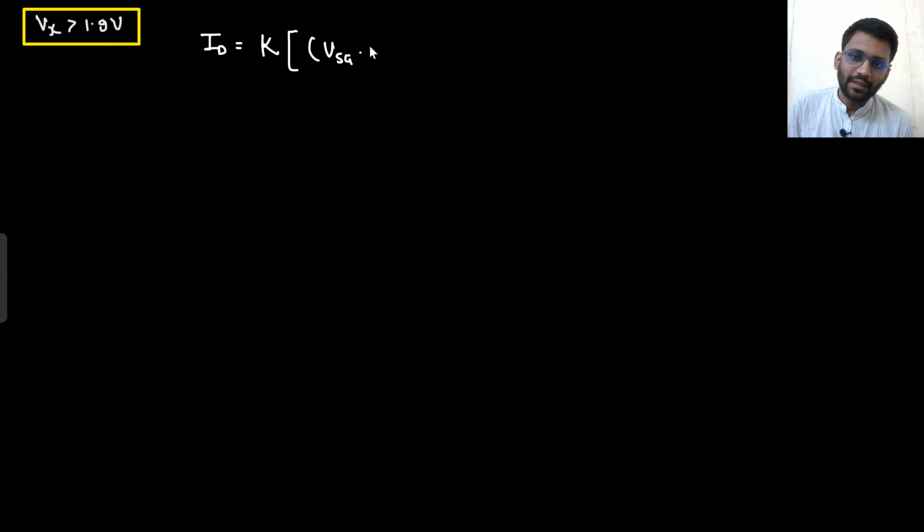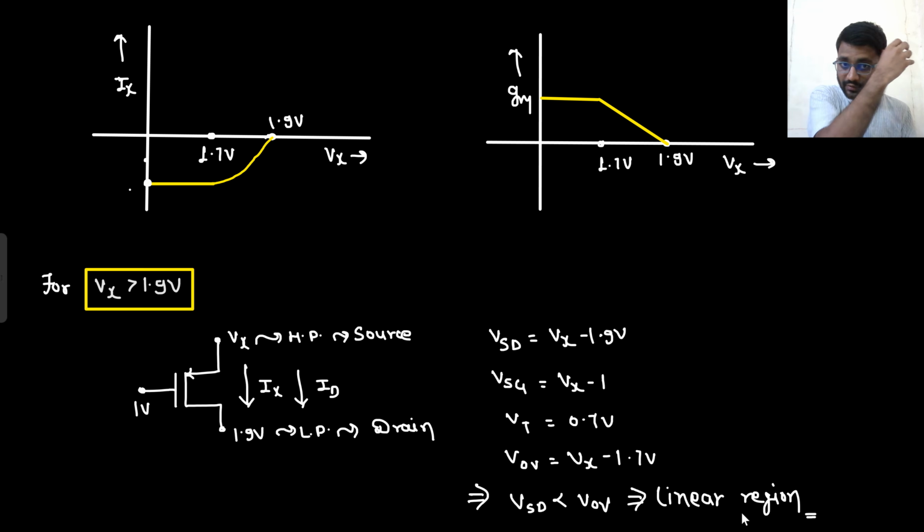So what is ID? ID will be some constant, and we are writing for Vx greater than 1.9 volt. It will be some constant into VSG minus Vt into VSD minus VSD square by 2. Some constant, VSG minus Vt. What is VSG minus Vt?